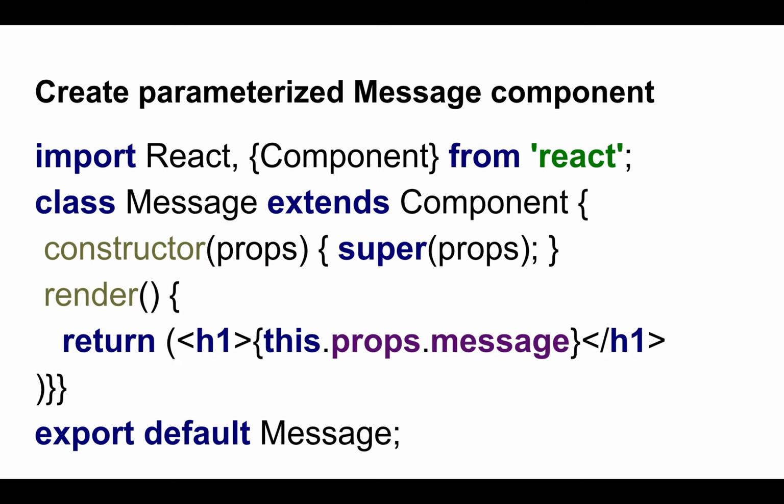Right. The other thing that we're introducing here is these funny looking curly brackets over here. These curly brackets allow us to inject dynamic content in line with the rest of the content. Normally, our message, just like our hello, would say H1 hard-coded hello world. So we are replacing something that is hard-coded with something that is dynamic.